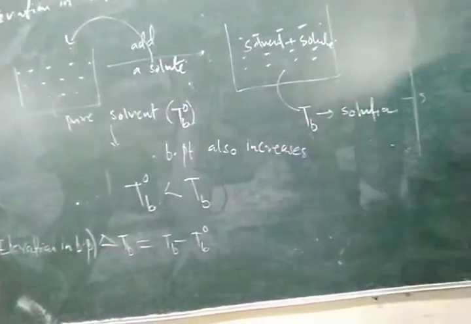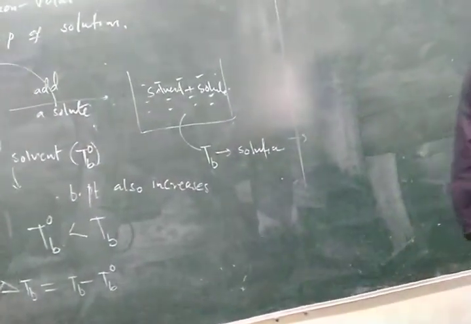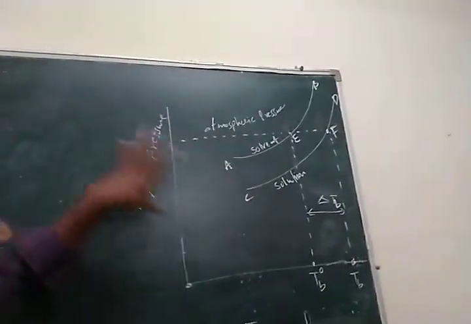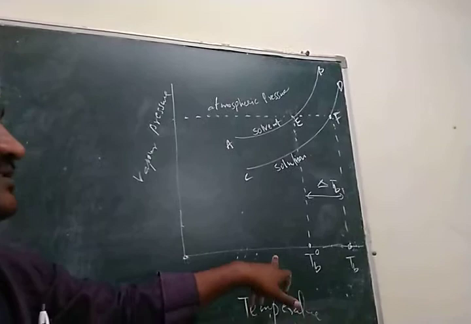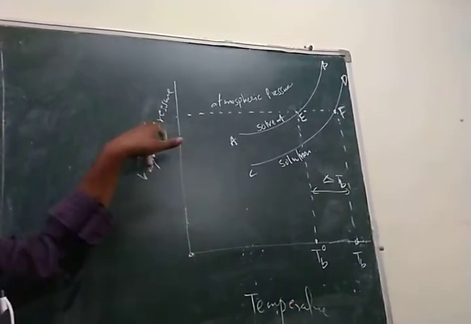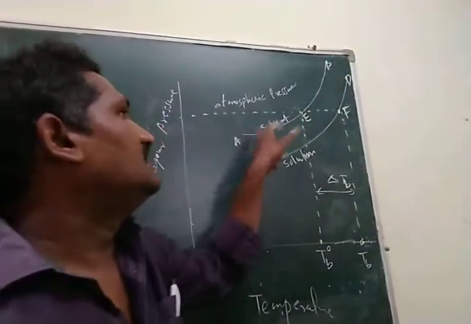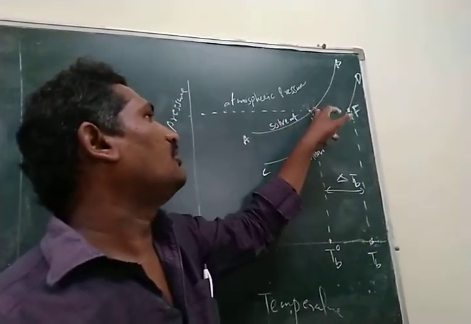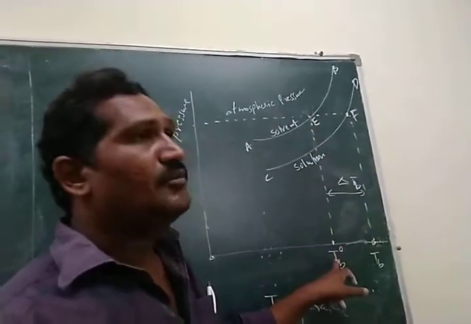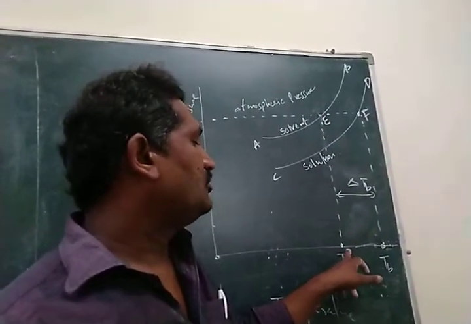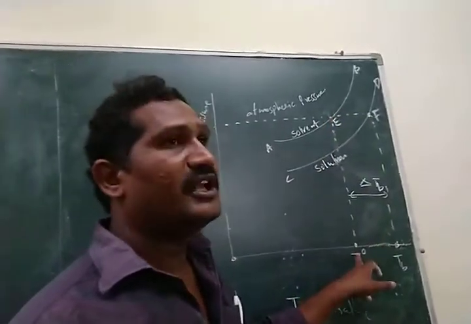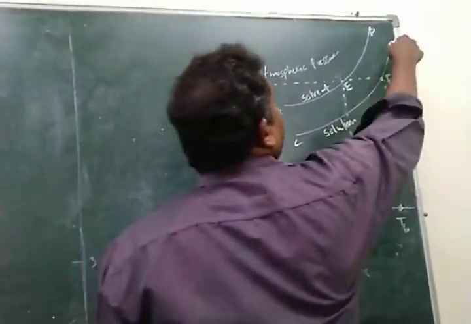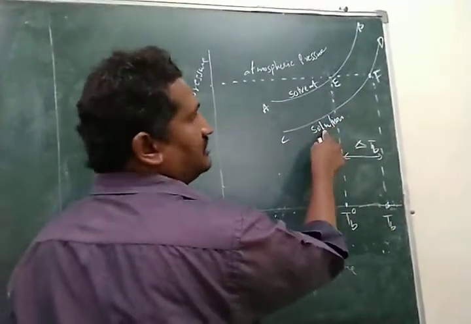Now this we can understand based on the graph, vapor pressure versus temperature of the solution and the solvent. Here the AB curve belongs to pure solvent. Point E is the boiling point of pure solvent, and the CD curve belongs to the solution.